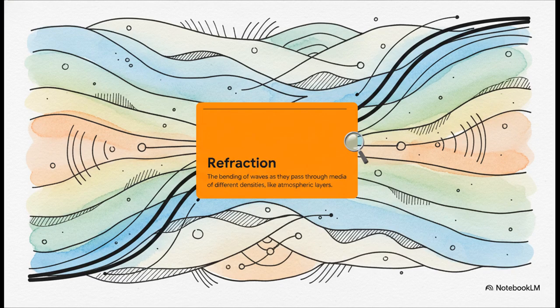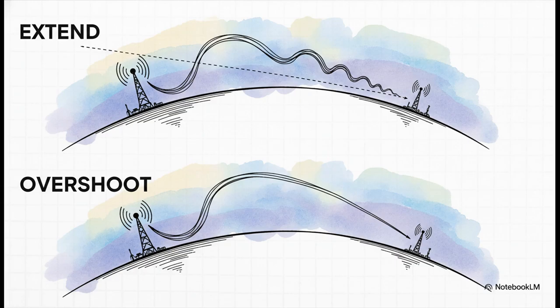Well, that changes the density, and that change in density is what causes the wave to bend as it travels. And this bending has some really interesting effects in the real world. Sometimes it can actually help us out. It can bend the signal over the horizon, extending our range. But it can also be a problem, causing signals to bend too much and completely overshoot the antenna they were meant for. It's a real double-edged sword.